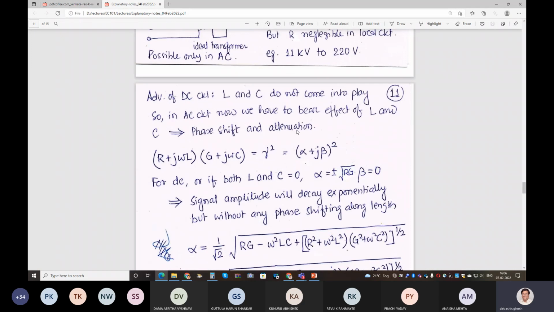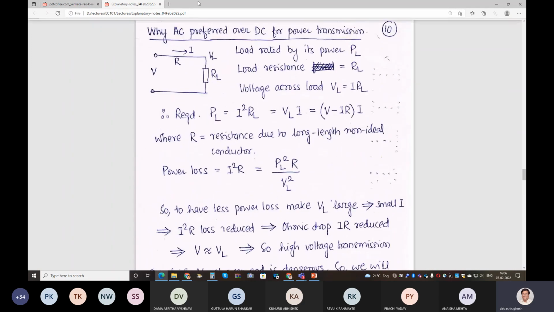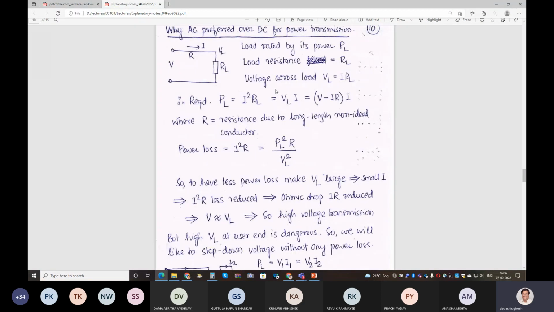Okay. So these are the things we were discussing in the last class: why we prefer to transmit AC rather than DC for power transmission.